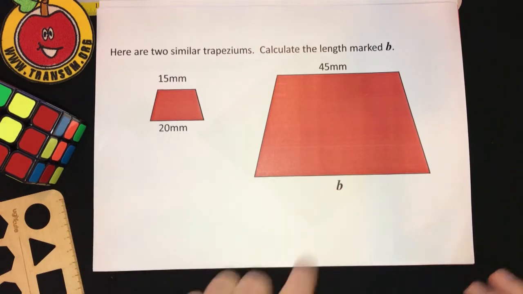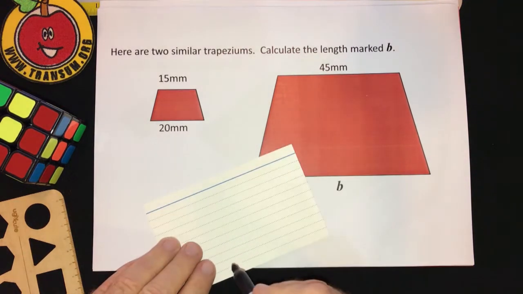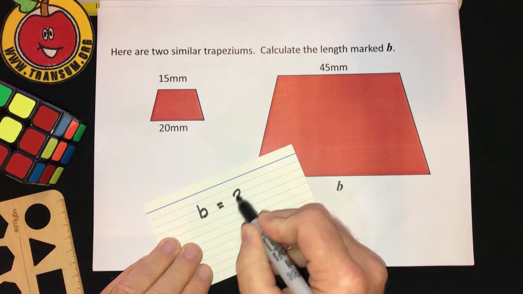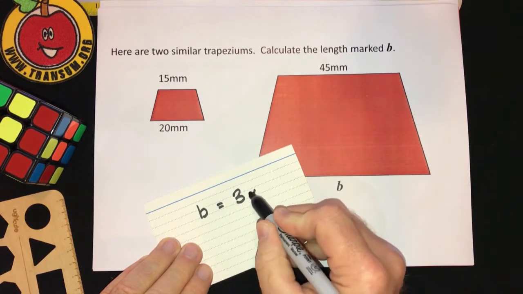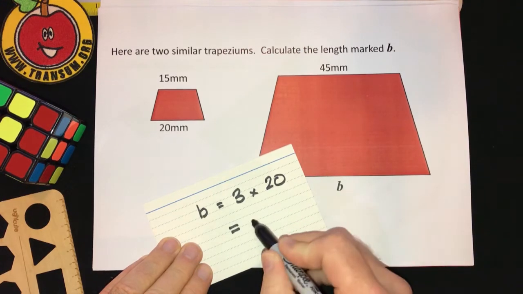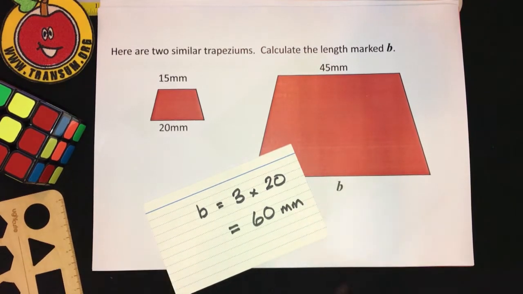So B must be 3 times as big as that corresponding side, which is 20 millimeters long. So B is 3, that's the scale factor, times 20, which is equal to 60, and it will be in millimeters.